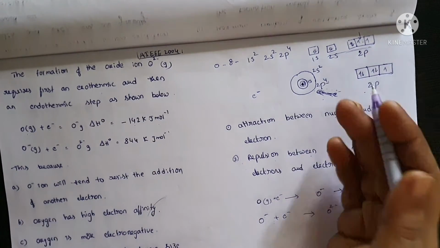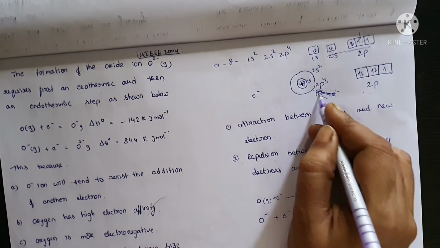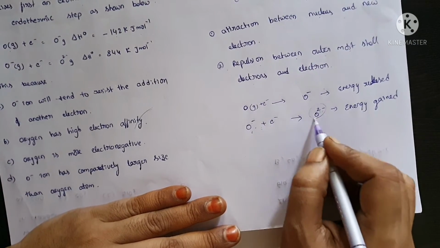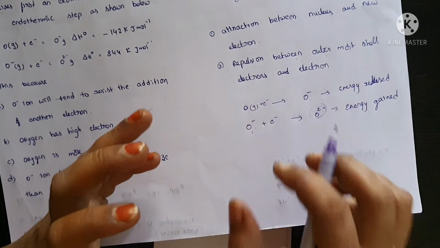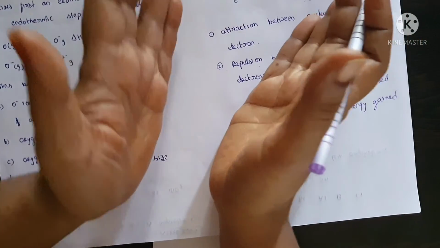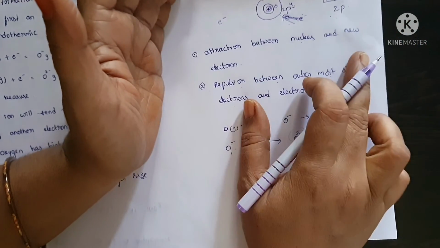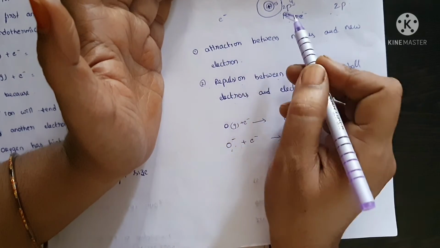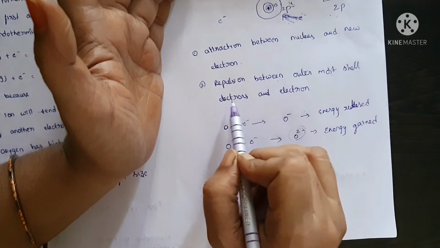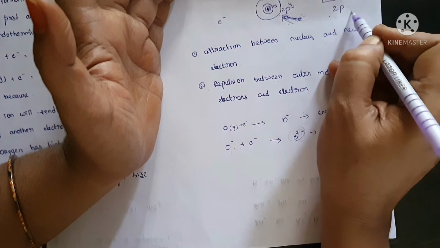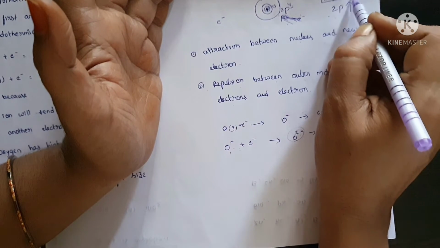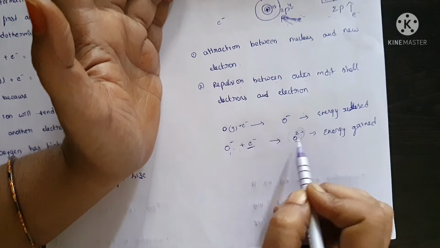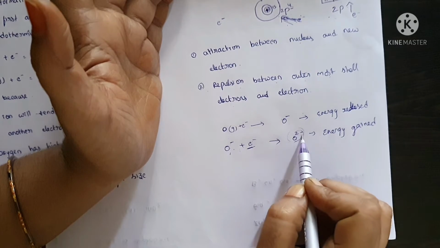Whenever another electron comes in to form O2 minus, the energy is gained because two forces are applying here. What is the first one? Attraction between the nucleus and the new electron, and the repulsion between the outermost shell electron and the new electron. The electron enters into the 2pz, which comes from the formation of O minus plus electron giving rise to O2 minus.